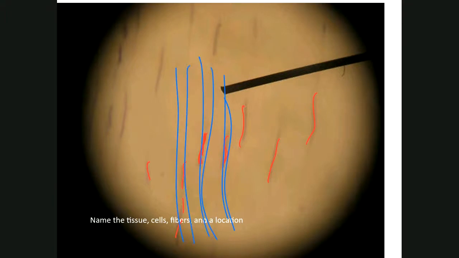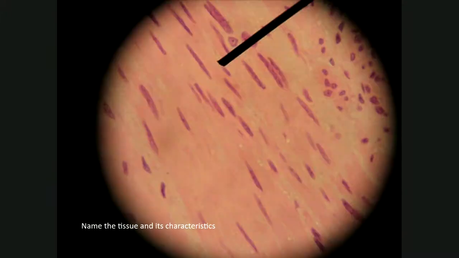This tissue, these oval-looking structures are again the nuclei of the cell, and the pink is going to be the cell itself. So what you see here are these spindle-shaped cells with one oval nucleus in the middle.